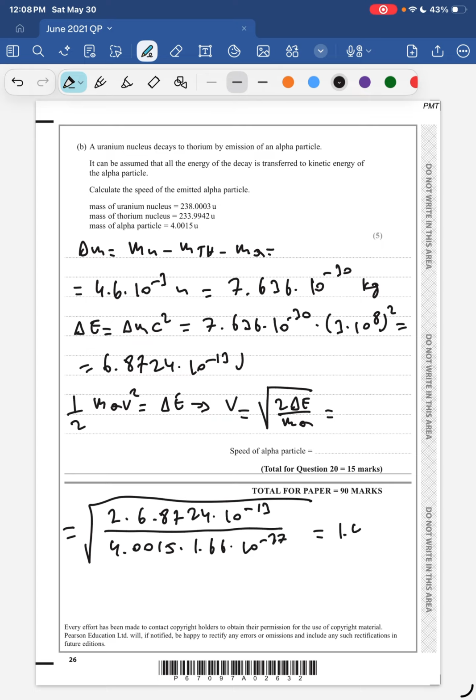And this yields 1.44 times 10 to the 7 meters per second for the speed of the alpha particle. This was question 20 of paper 2, Advanced Physics 2 from 2021 in June.